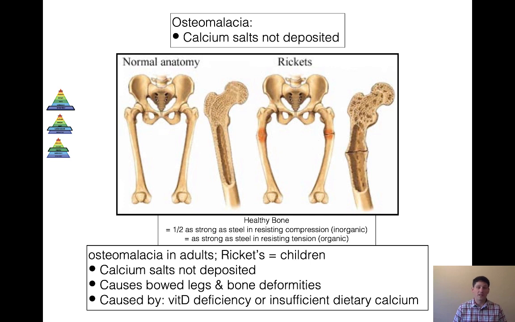Those calcium salts are not deposited, so those bones are a little bit softer, right? It causes a bow-legged formation and other bone deformities along the way because they don't have that really strong calcification of that bone material. Generally, this happens because of vitamin D deficiency.